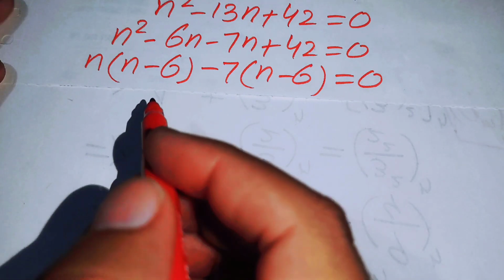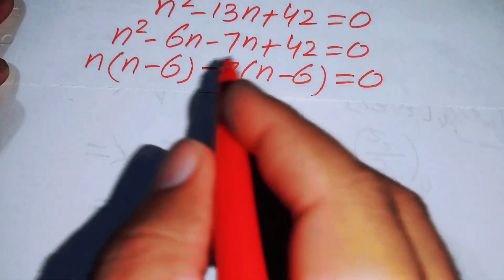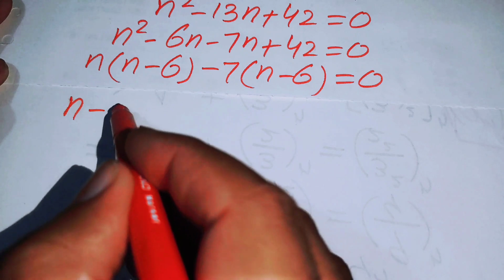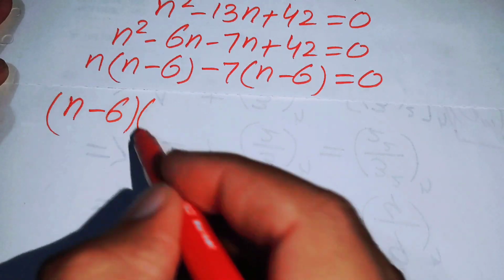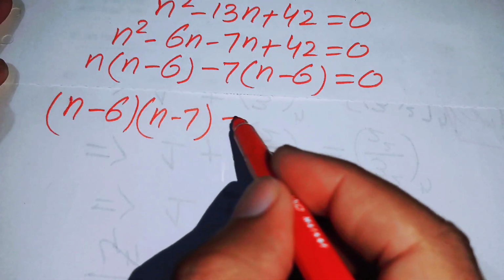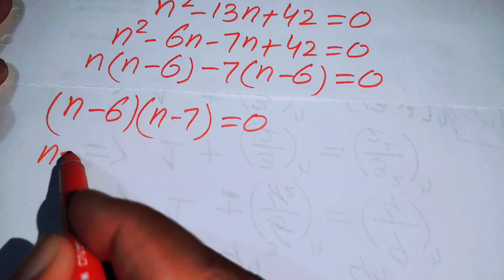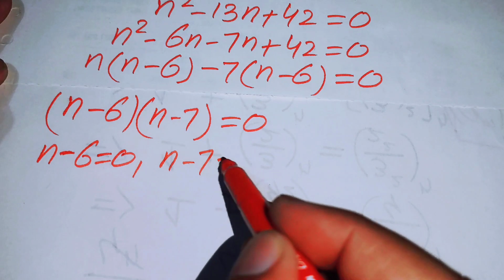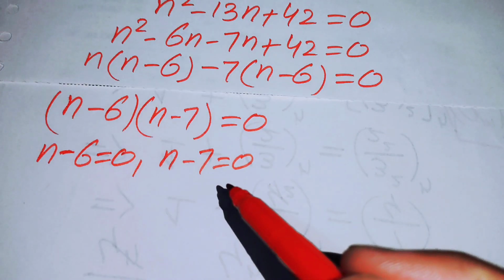In the next step you will easily find the values: n minus 6 times n minus 7 is equal to 0, and here you have n minus 6 is equal to 0 and n minus 7 is equal to 0.